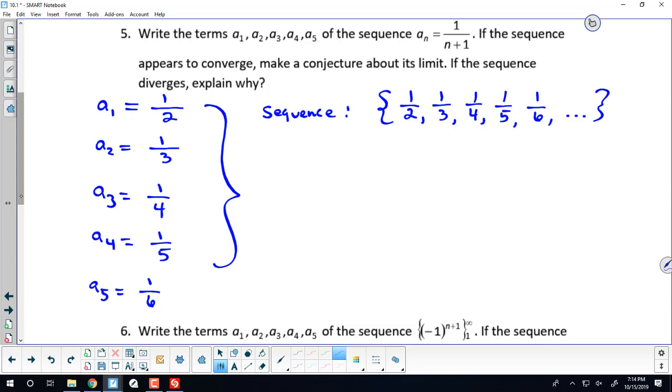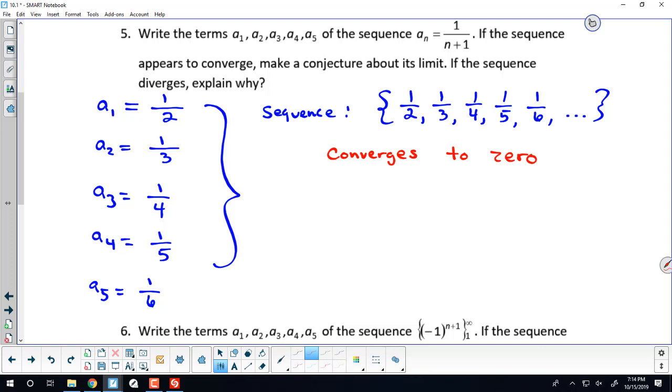All right, so looking at that list of numbers, does the sequence appear to converge? And if so, what does it converge to? Converges to 0. What do y'all think? Does that seem reasonable?